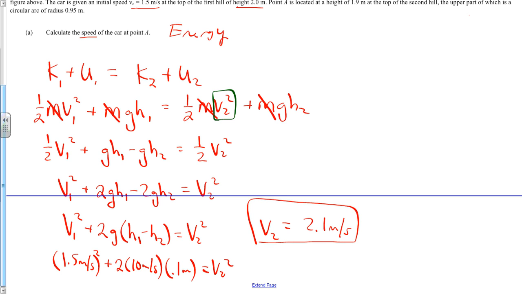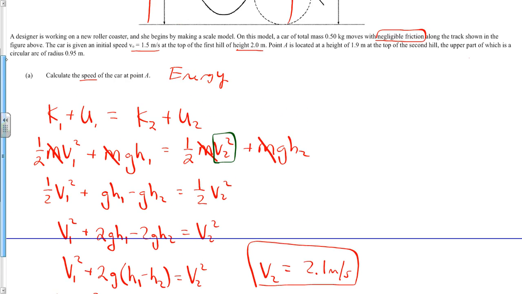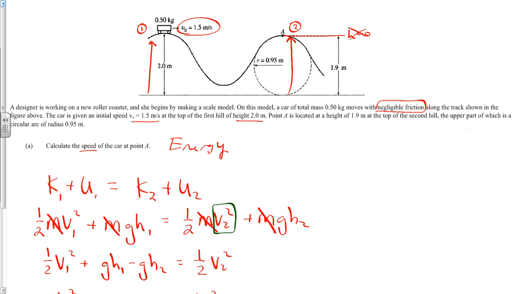It's going faster than it originally was because it went down. Basically, gravity pulled it down a little bit and no friction acted on it, so it's going to speed up. The lower you get, the faster you're going to go. This would be the maximum speed point.